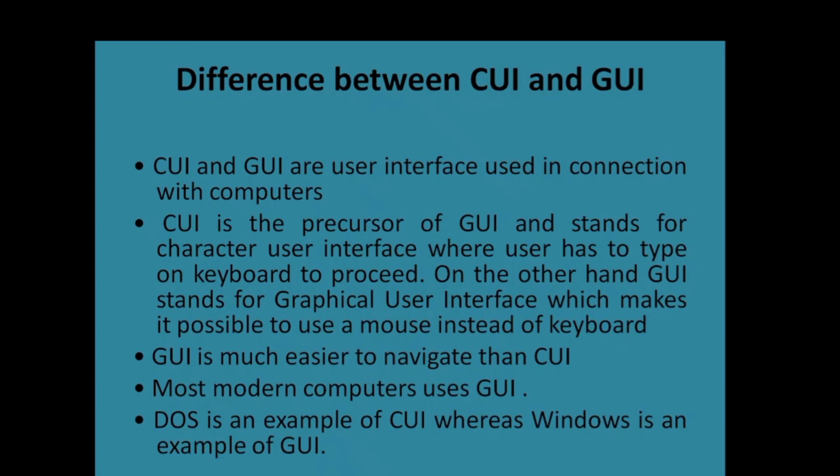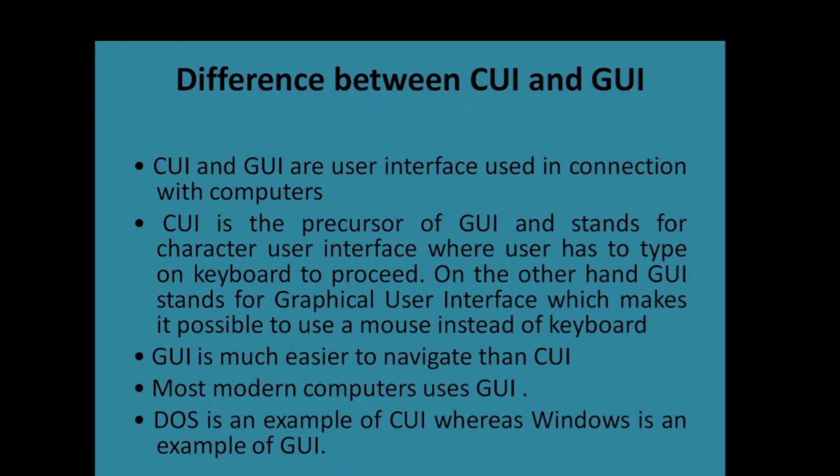GUI is much easier to navigate than CUI, means we can easily operate the GUI screen in comparison to the CUI screen, because the GUI screen shows us graphics that are easy for a layman to operate the computer system.